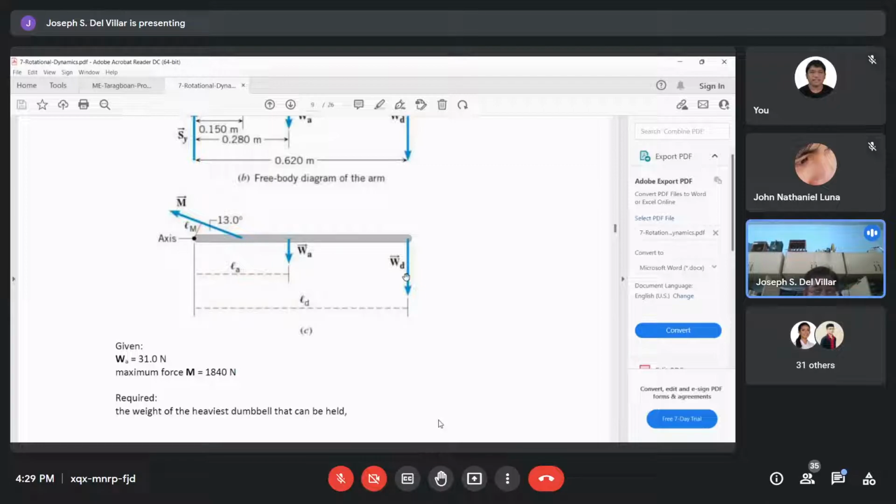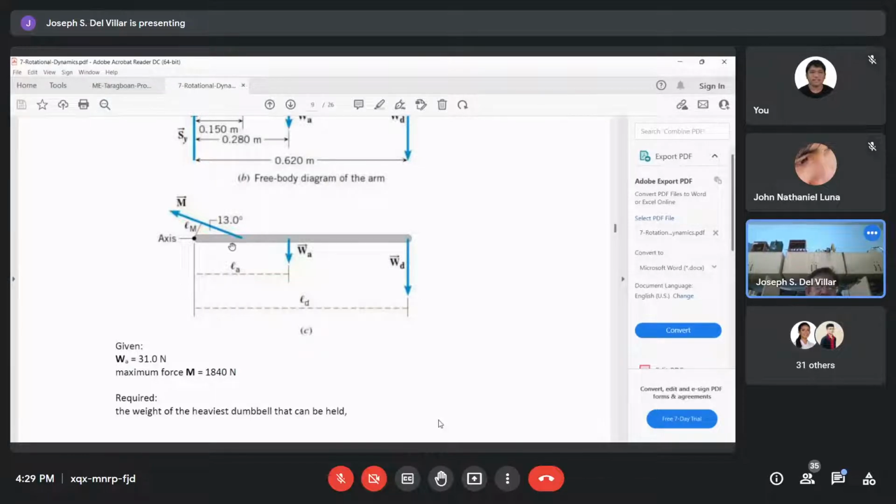What is the weight of the dumbbell? Right? So minus WD times LD. LD is given, there, 0.62. Right? So everything else is given. One equation, one unknown, the weight of the dumbbell. You can solve for the weight of the dumbbell. Right?